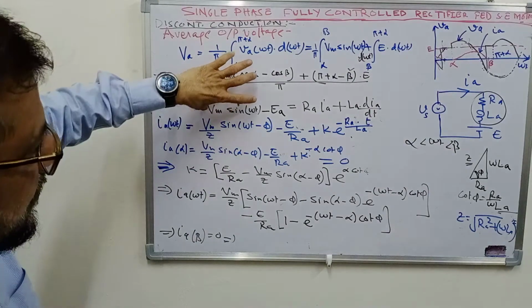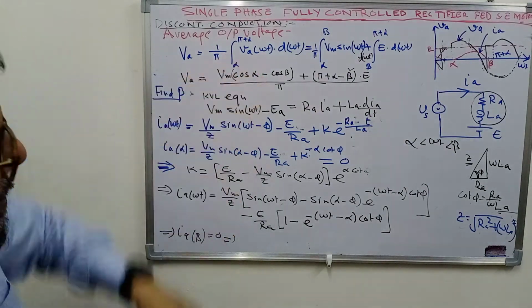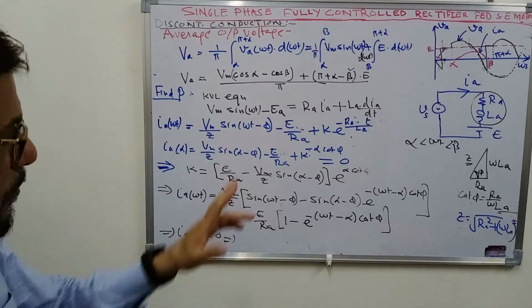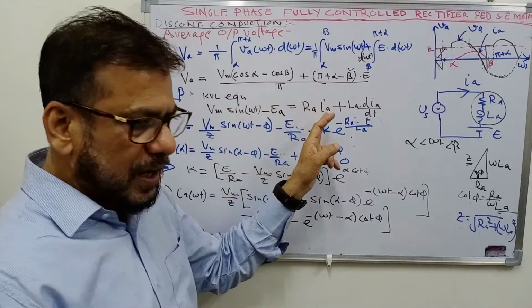One is the AC source Vm sin omega t, and the other is the DC source having magnitude minus E. So you have to solve for the current Ia.